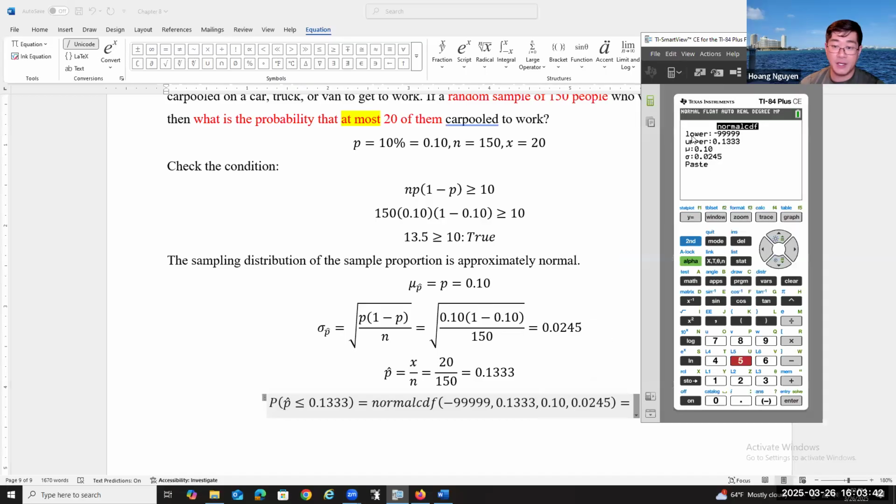Make sure everything is good, and double check the lower bound, the upper bound, the mean, and the standard deviation one more time before we hit the enter key. Okay, so the answer will be 0.9130.